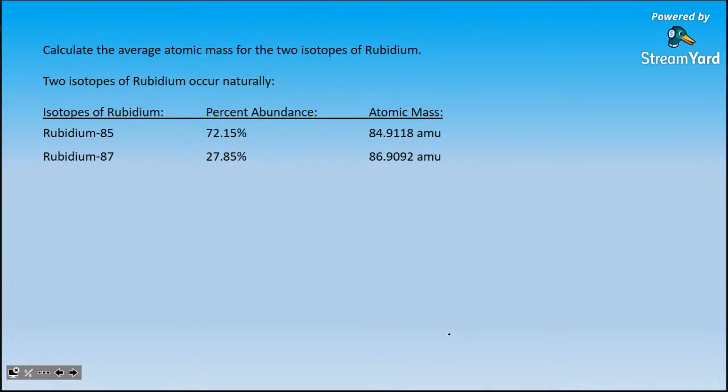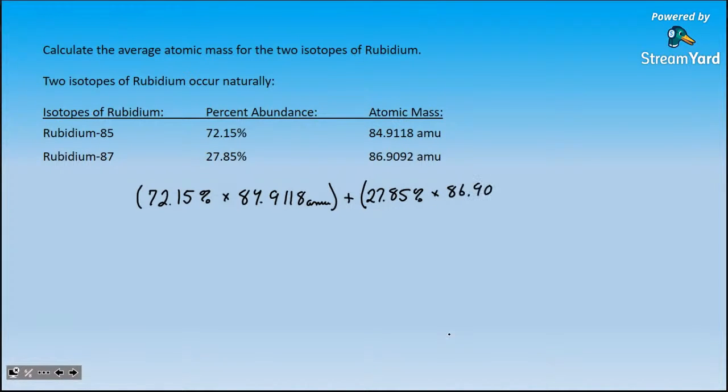You can set this up all as one type of an equation, where I do an open parentheses, 72.15, that's percent, times the 84.9118 AMUs, close the parentheses, plus open parentheses, 27.85% times 86.9092 AMUs, close the parentheses, and you can hit enter at that point and get an answer, and then you would take that answer and divide by 100. So that's what I'm going to do.